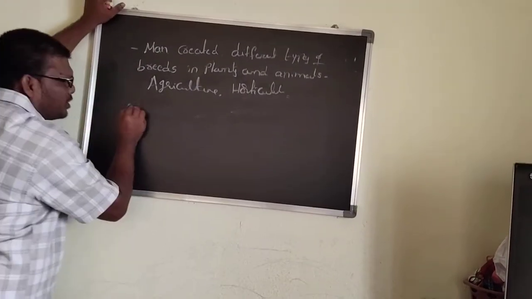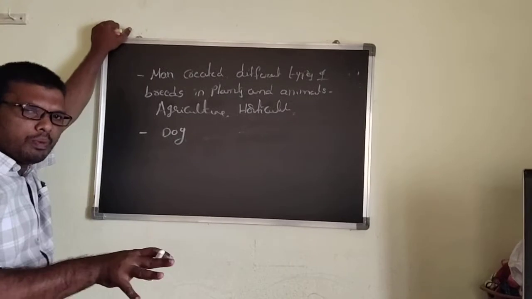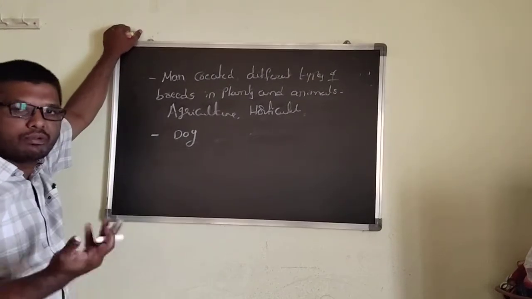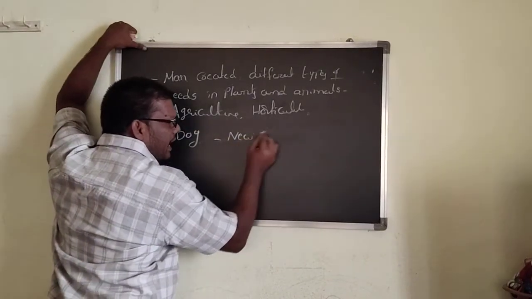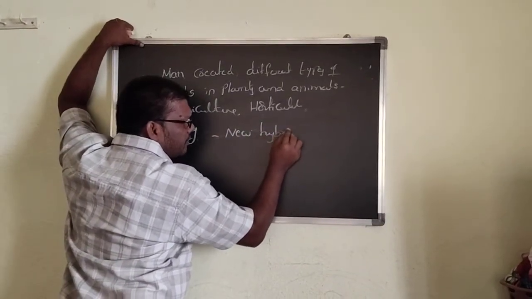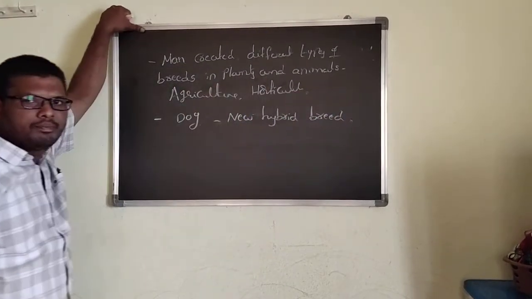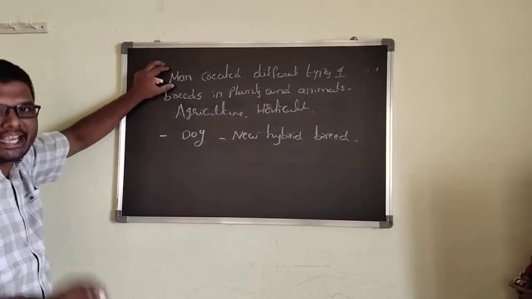Suppose I take the dog. The dog is the same group, but different types of breeds are present based on different types of crossing. Now a new hybrid breed is formed by man's technology.